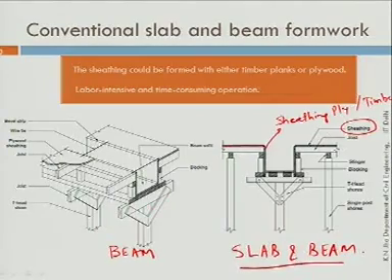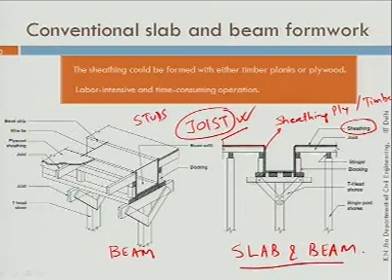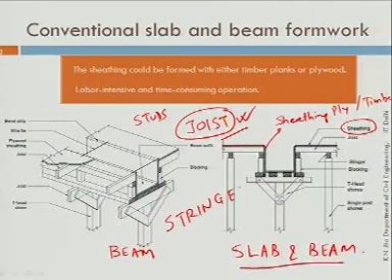Then the member supporting these sheathing is known as joist. In previous cases we have been referring to this as studs. Now, in case of slab and beam formwork, they are referred to as joist. Members supporting these joists are referred to as stringer. So, you can see this is stringer. Basically, they are supporting your joists.